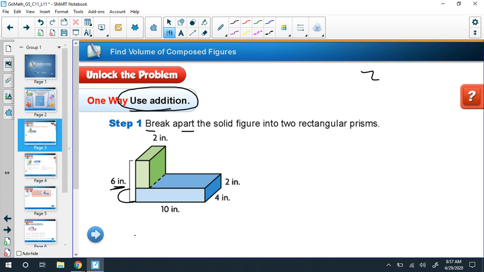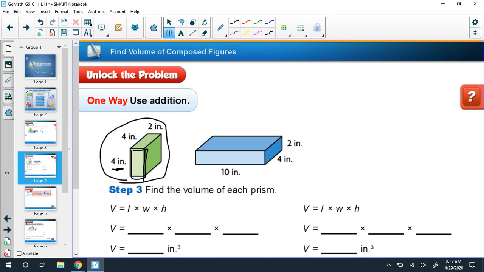To figure out how tall this is, we look at this little line, which doesn't have a label, so we look over here because it's the same height. When we look back here, we see that the height of this blue prism is in fact 2 inches. So if the total height is 6 inches, we subtract out the 2 and we're left with 4. That is where this 4 comes from.